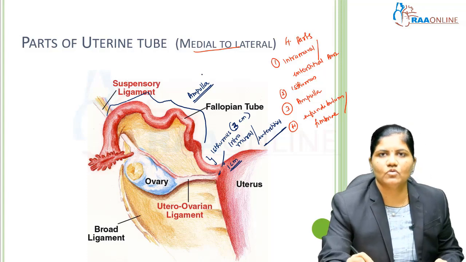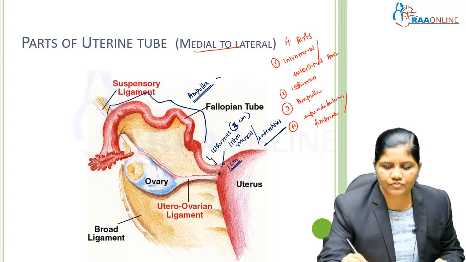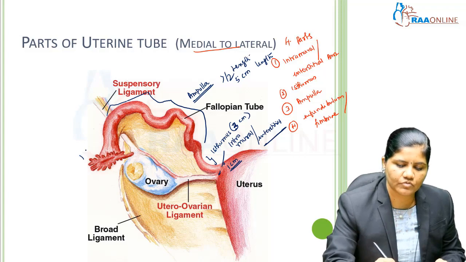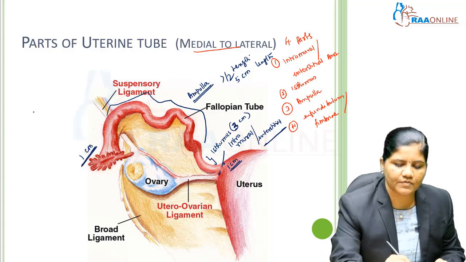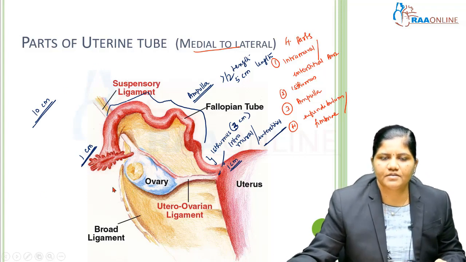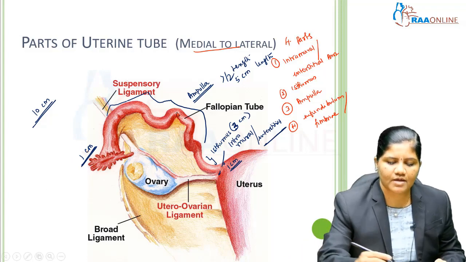The ampulla occupies more than half of the length of the fallopian tube, which is around 5 cm in length. Then the infundibulum is around 1 to 2 cm in length. The total length of the fallopian tube is around 10 cm, in which the intramural part is 1 cm and the infundibulum also occupies about 1 cm. So more than half of the length is occupied by the ampulla.